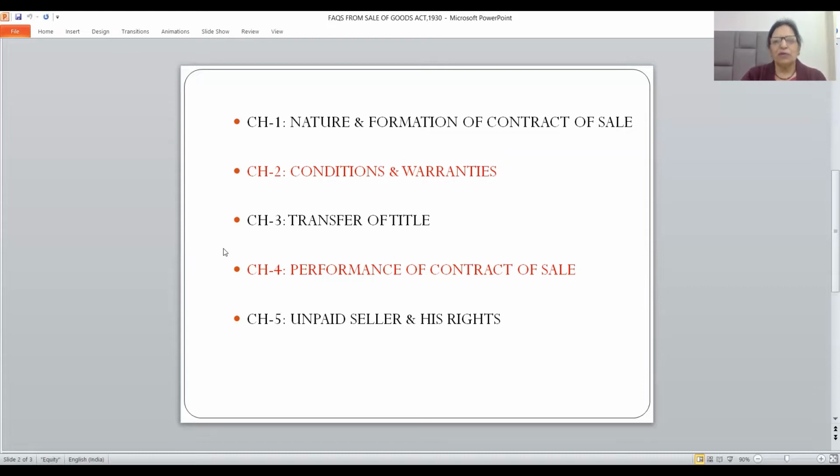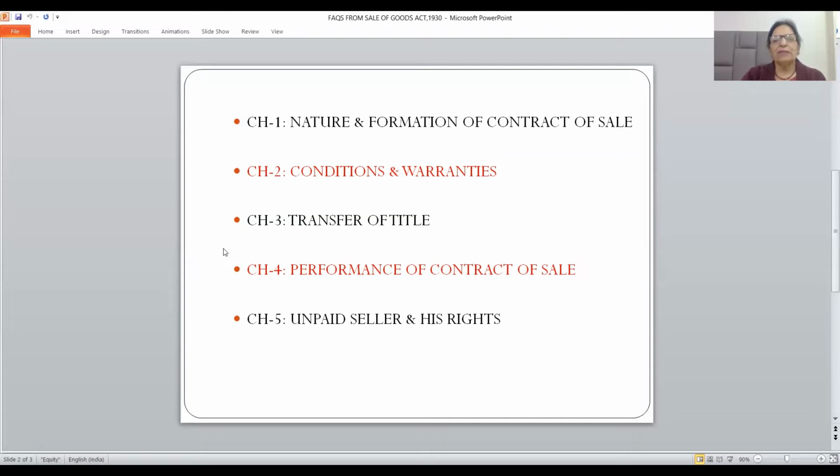Then movable goods: contract of sale is only concerned with movable goods, and movable goods have been defined under section 2, subsection 7. And then price: in case of contract of sale, transfer of ownership always takes place for a price. So price is the main consideration.